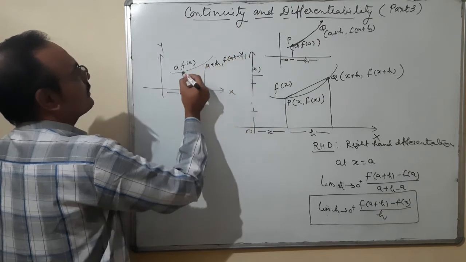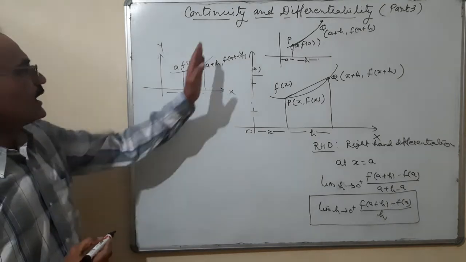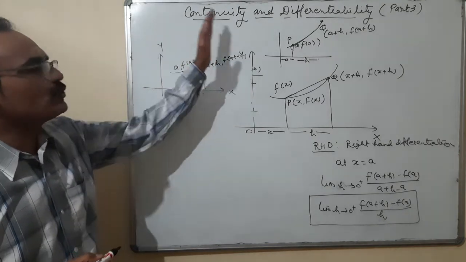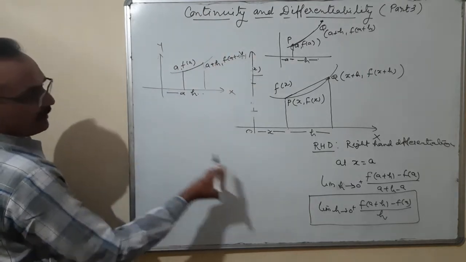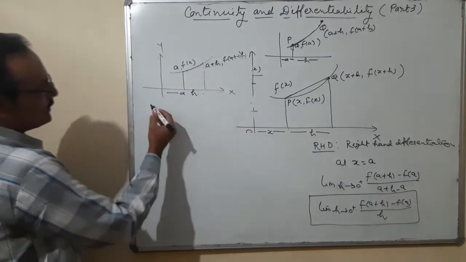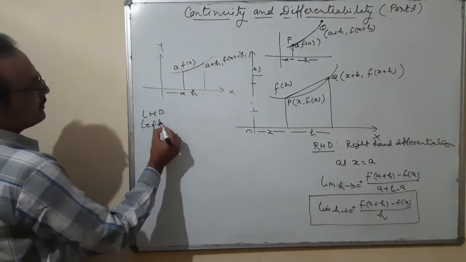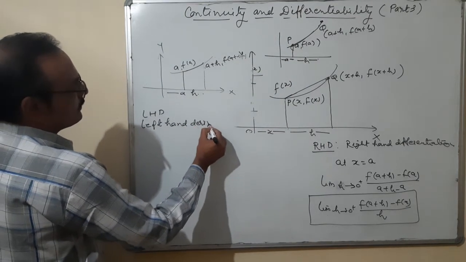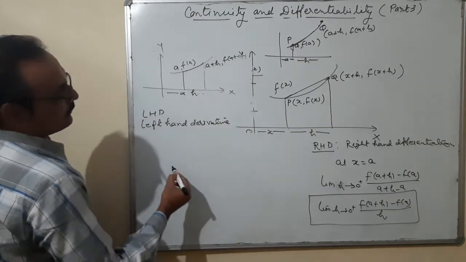And now when we are talking about left hand differentiation, rather than writing y2 minus y1 upon x2 minus x1 in the same way, here we have to write it from right to left. Then what happened? This is RHD, LHD. What is LHD? Left hand derivative or left hand differentiation.